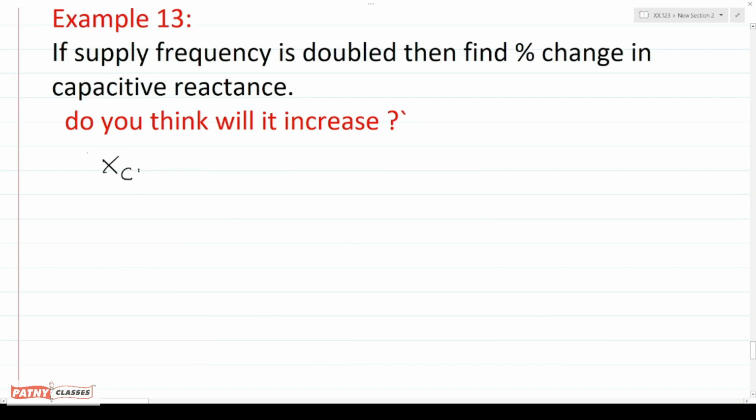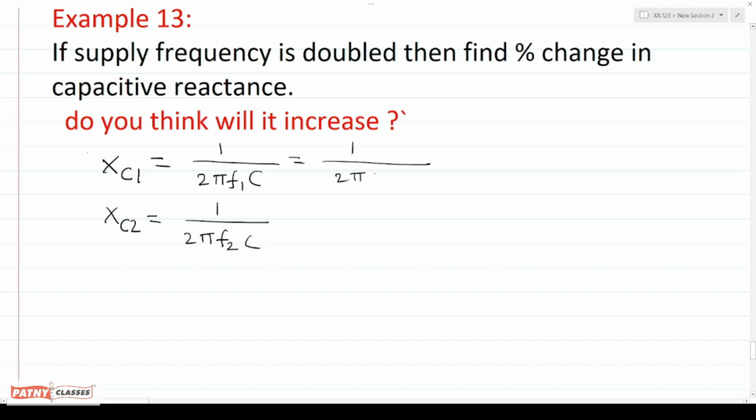So let XC1 equal 1 upon 2 pi F1 C and XC2 equal 1 upon 2 pi F2 C. So XC1 equals 1 upon 2 pi FC and XC2 equals 1 upon 2 pi, with F2 double the initial frequency, 2F, into C.